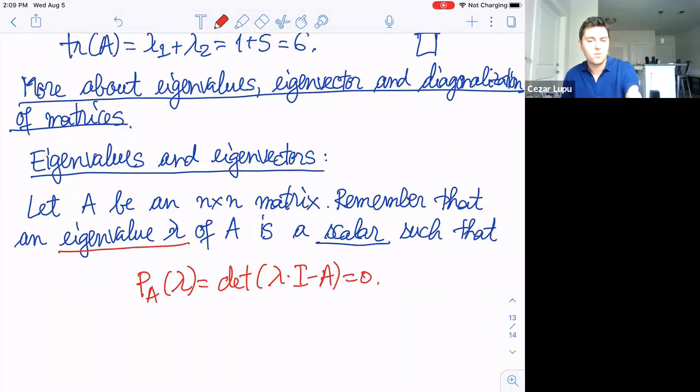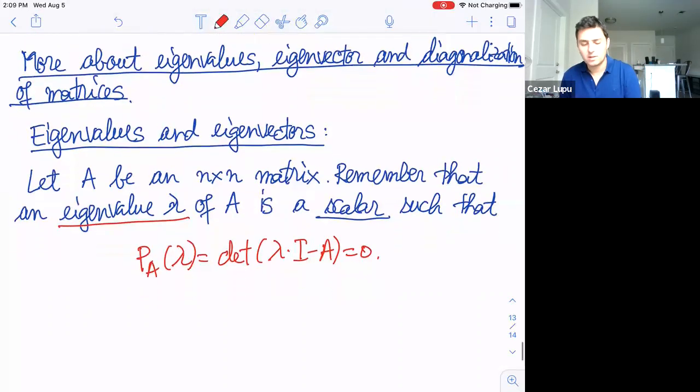Sometimes people write the determinant of A minus lambda I is 0. It's just a minus sign, from the properties of the determinant, so it doesn't interfere too much with finding the eigenvalues.